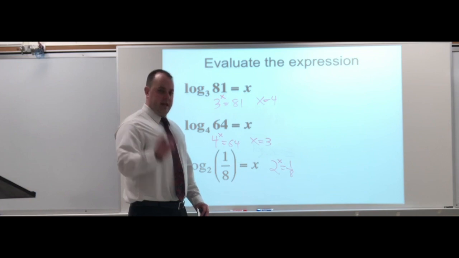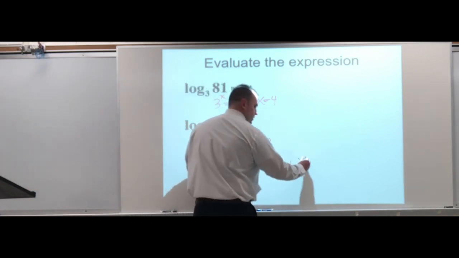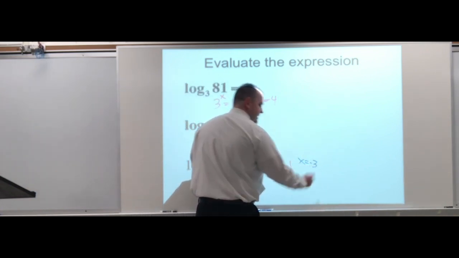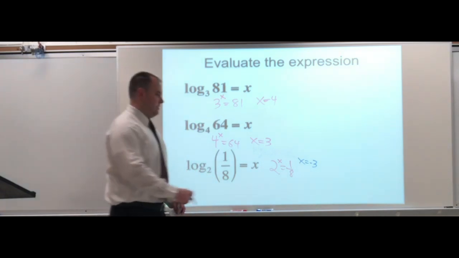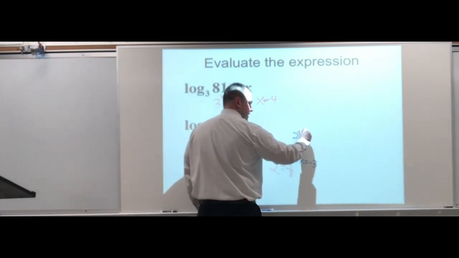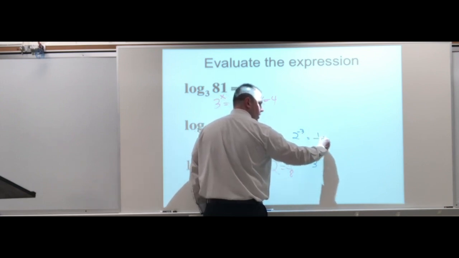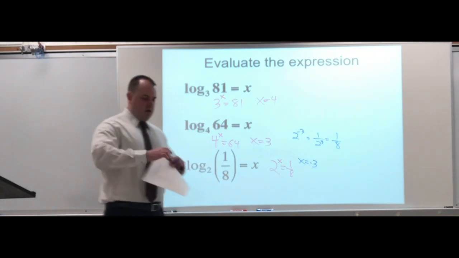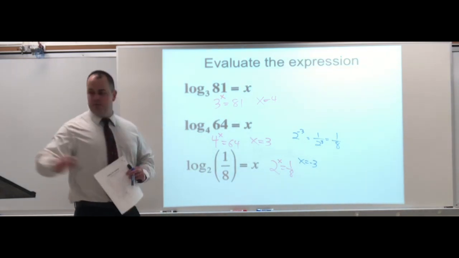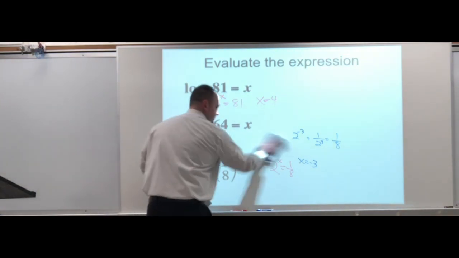Now, that gives us the 8. To bring it to the bottom, it's going to be negative 3. Because 2 to the negative 3rd power, you bring it to the bottom. Let's look at it. 2 to the negative 3 is 1 over 2 cubed, which gives us 1/8. So mental math is going to be important working through these problems.